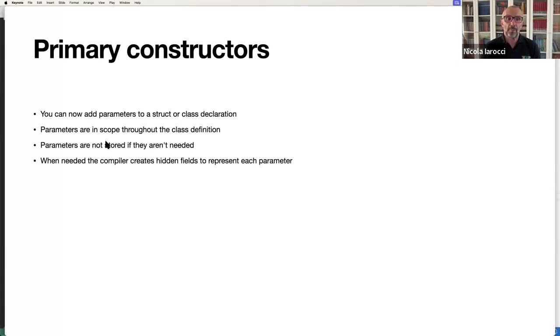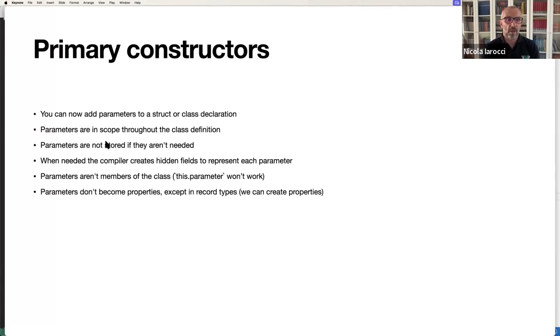When needed, the compiler creates hidden fields to represent each parameter, and they aren't members of the class. So you can't use the this keyword. This is important. And they don't become properties either, except for record types, as we saw, but we can create properties if we need to.